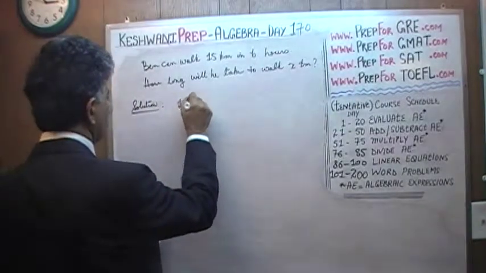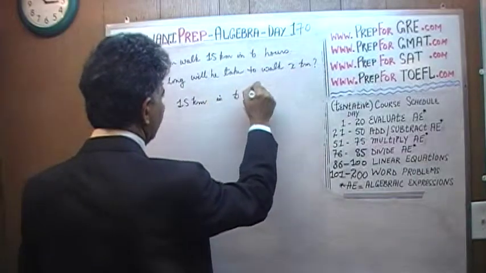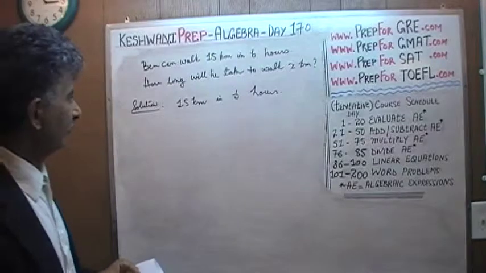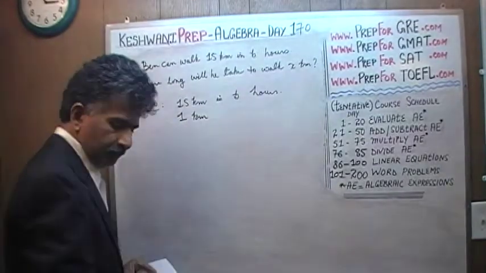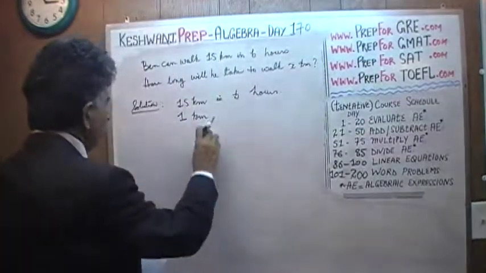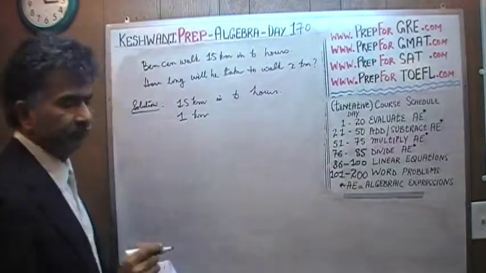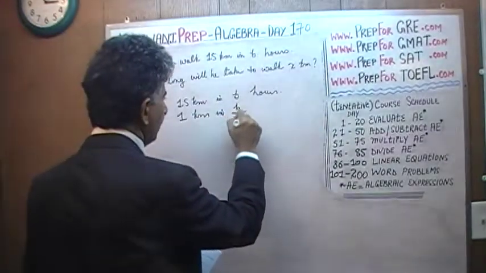We are told that he's walking 15 kilometers in B hours. Well, if he's walking 15 kilometers in B hours, then if he were to walk only 1 kilometer, it should take him 1/15 of the amount of time.